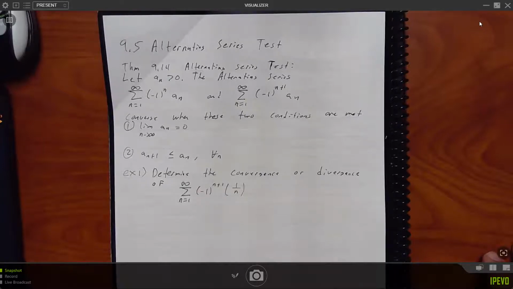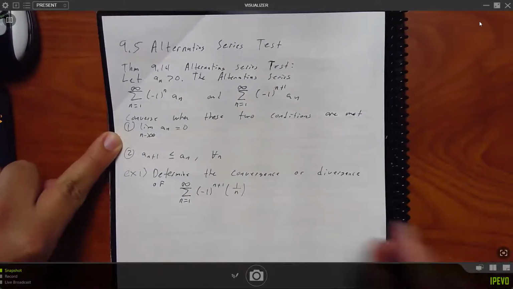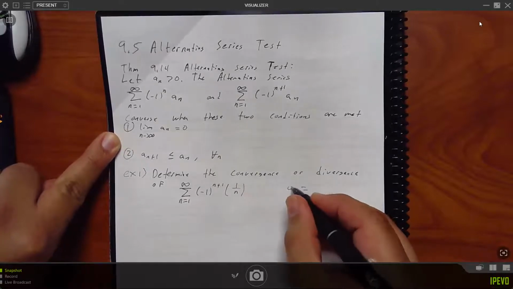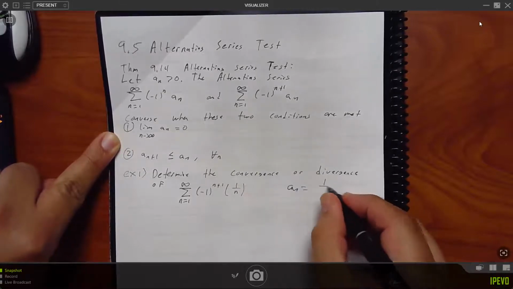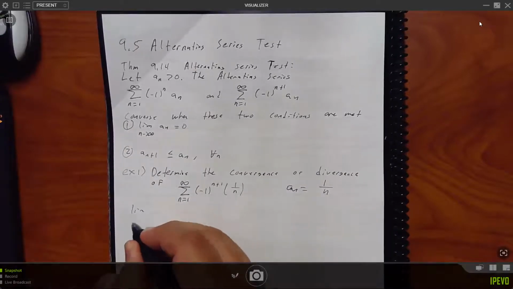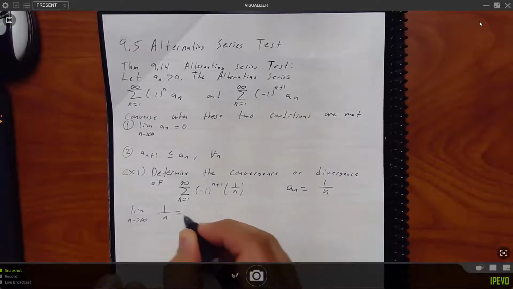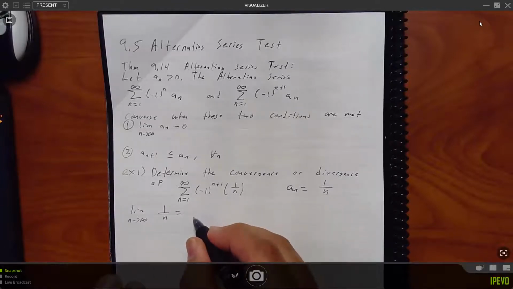We just need to check those two conditions. Notice that they don't ask you to check the alternating piece. Just look at the a sub n. So our a sub n sequence part is 1 over n. Is the limit as n goes to infinity of 1 over n equal to what?